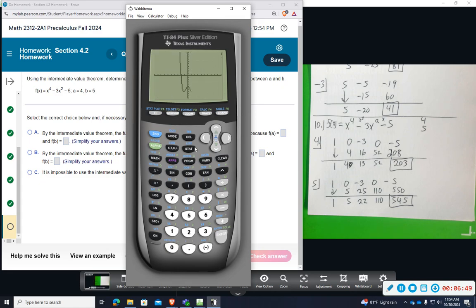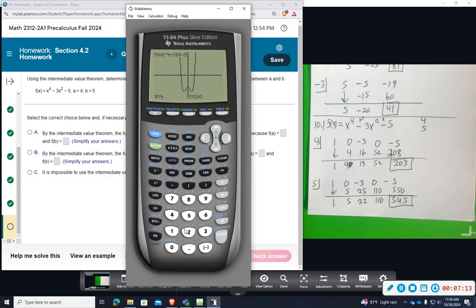I might not see the same graph, but it's okay. Once I see the graph, if I hit trace, it allows me to input an x value. If I type in 4 and then hit enter, it plugs in the 4 for me and gives me the y value of 203, which you can see matches here. Once you hit that trace button, you can type in any numbers you want.